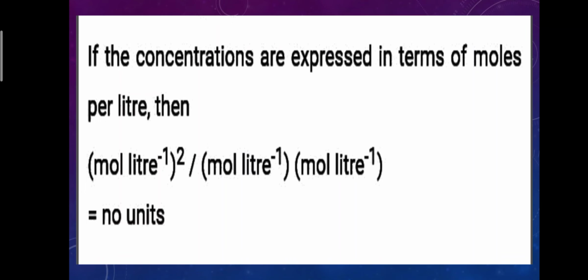If the concentrations are expressed in mole per liter, then we have mole per liter squared for NO, divided by mole per liter into mole per liter. These units cancel because of the square, so it has no unit.